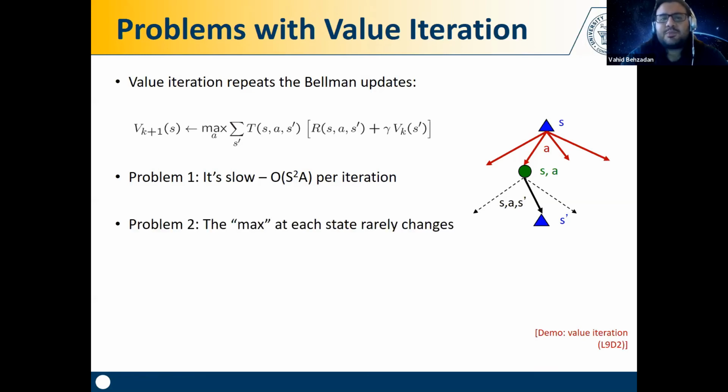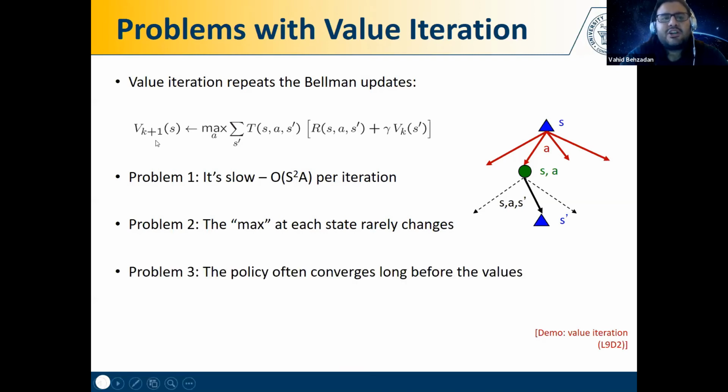The second problem, the max at each stage rarely changes. So going from iteration 100 to iteration 101 does not really change this maximum. In the beginning, these changes can be significant, but as we move along in the number of iterations, the changes become smaller.